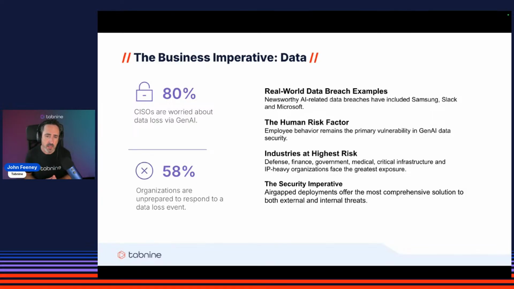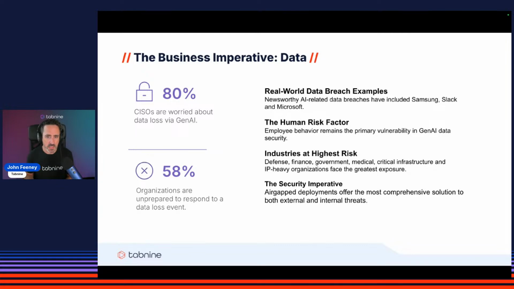And they are right to be worried because over the last couple of years, there have been some notable data loss incidents when it comes to AI. So one of the more famous ones was with Samsung, where some of their employees uploaded meeting transcripts and semiconductor designs into ChatGPT.